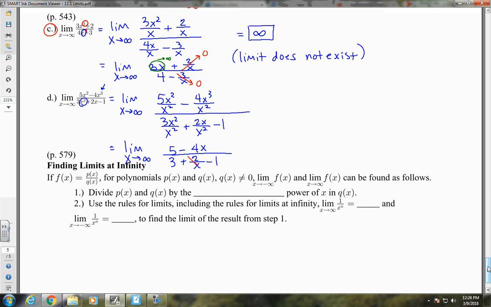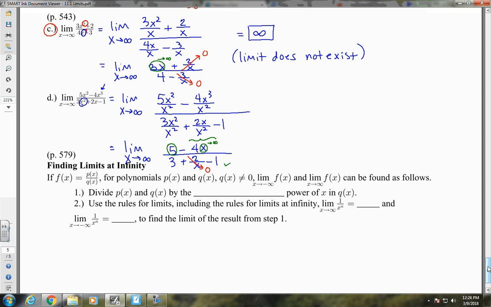Got one fraction that's going to 0 as x approaches infinity. And notice in the numerator, as x approaches infinity, negative 4x approaches negative infinity. And I have a positive 2 in the denominator. So we have 5 minus a really big number, that's going to be a really big negative number, divided by 2.